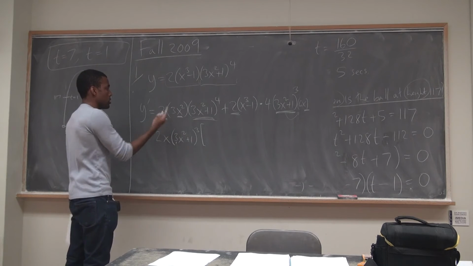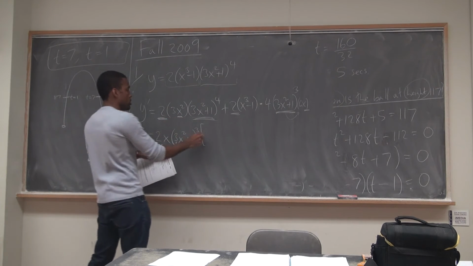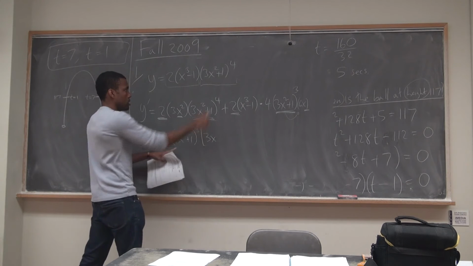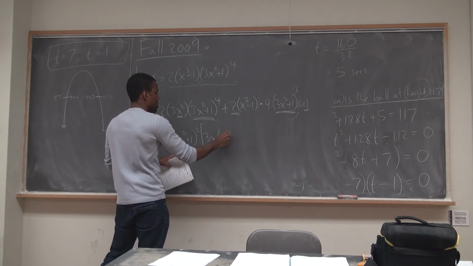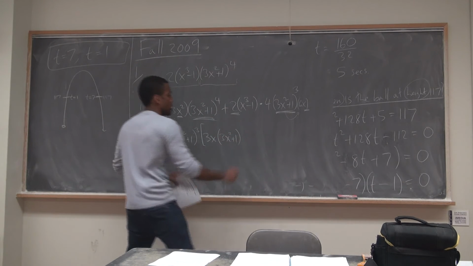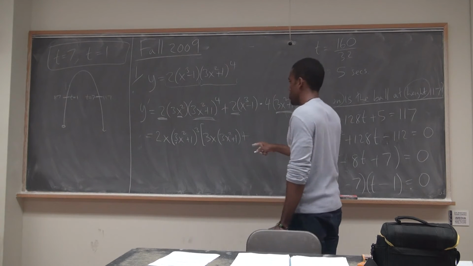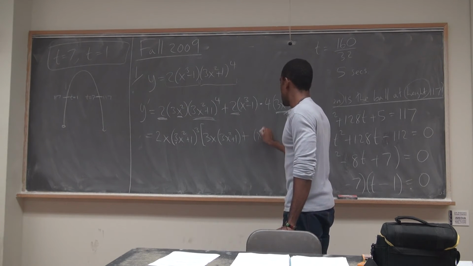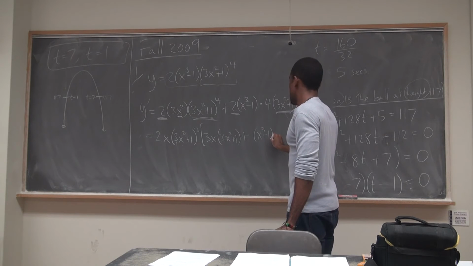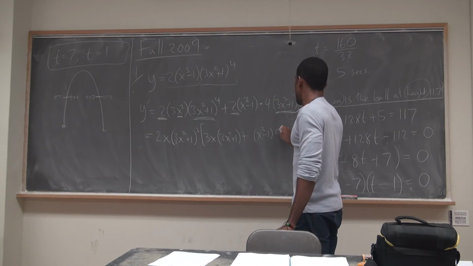And so I took out the 2, that's gone. I took out an x, so I'm just left with 3x here. Took out 3 of those, so there's just 1 of those guys left. Plus, I took out the 2, this guy stays. The 4 stays. Took out the x, so the 6 stays.